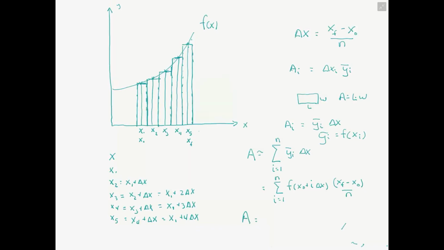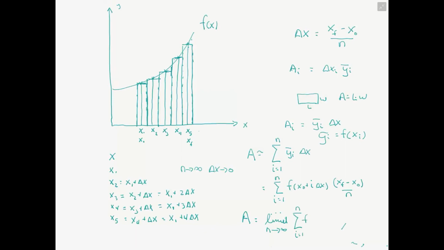Now this becomes exactly the area, not approximately, but exactly the area, when we take the limit as n goes to infinity. As n goes to infinity, delta x goes to 0. That we can't forget.